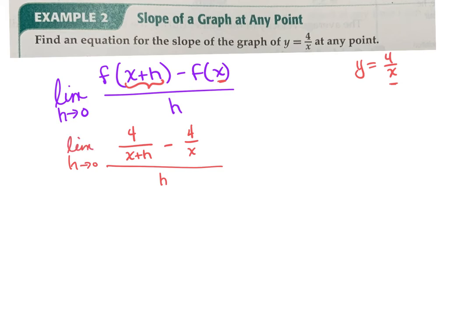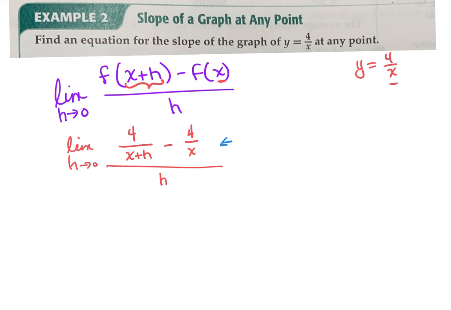Okay. Now, what do we do? Well, we want to get common denominators. We want to simplify it just a little bit. So I'm going to get a common denominator, and then basically I'm going to keep, change, flip, right? I have h, and I'm going to get 1 over h, etc. All right? So common denominator here is just x plus h.